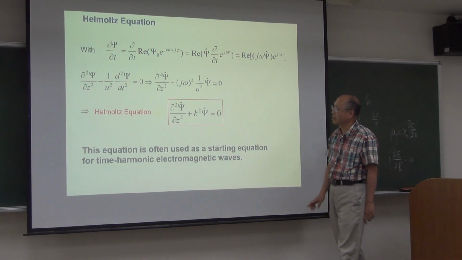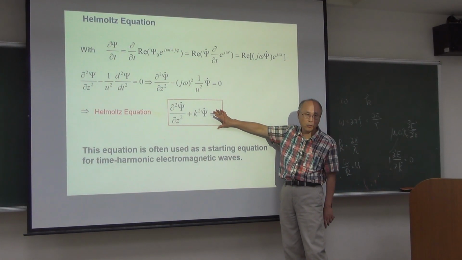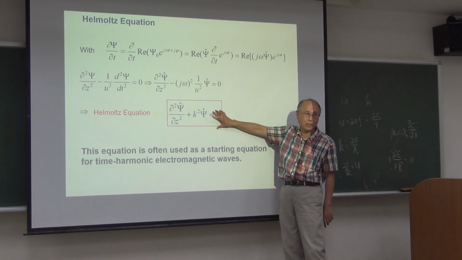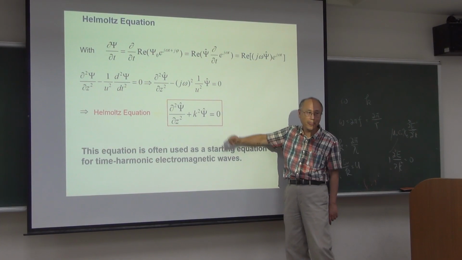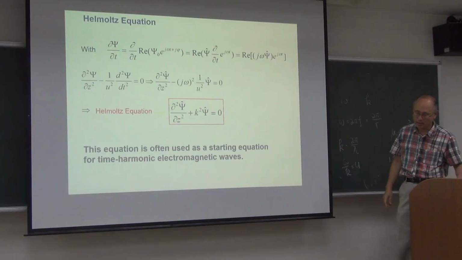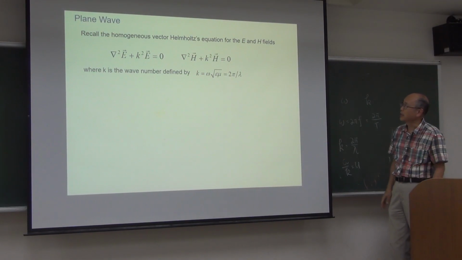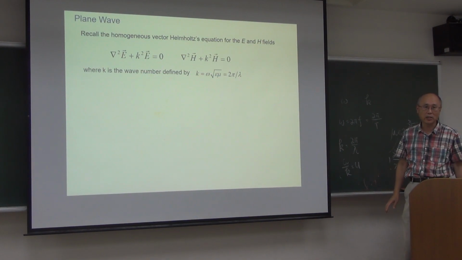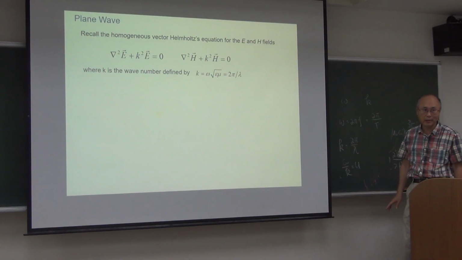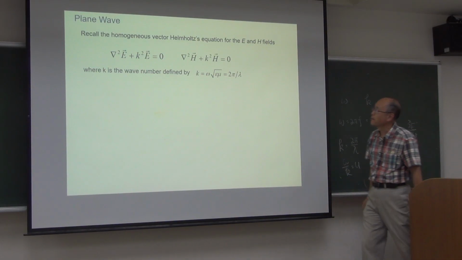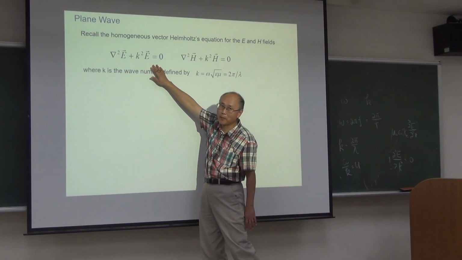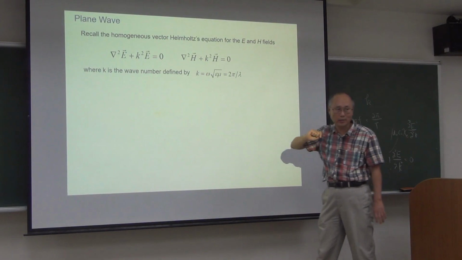Everything can start from this Helmholtz equation if you know that you will be dealing with a harmonic field. So now we specify all the discussion with a harmonic field, and we start from the Helmholtz equation for the discussion.